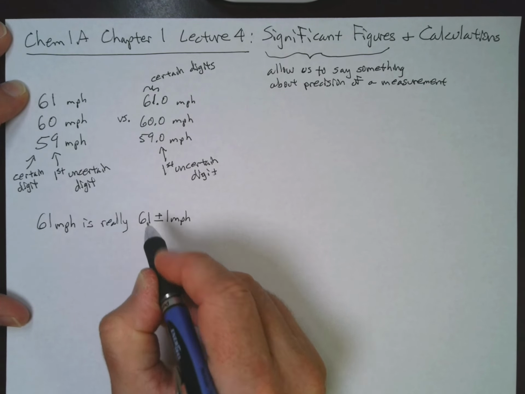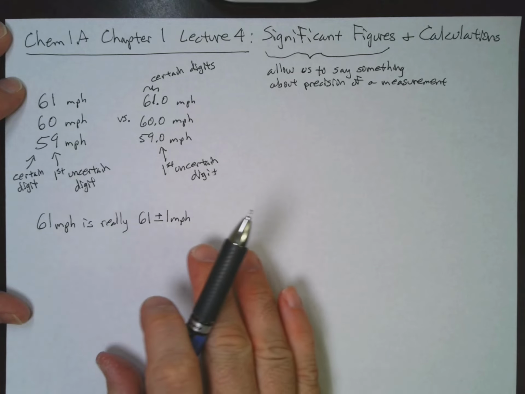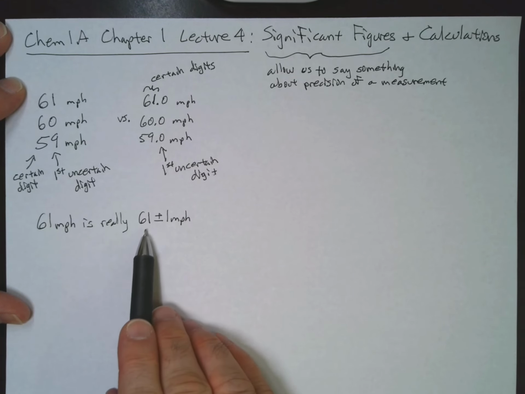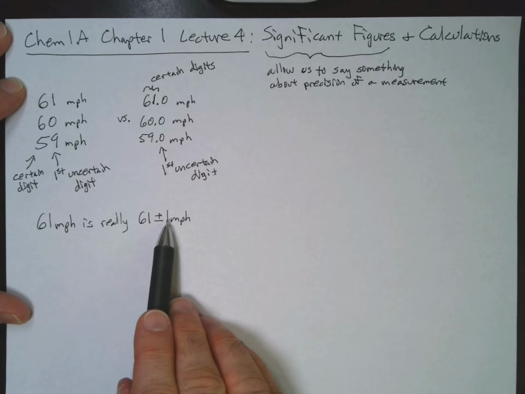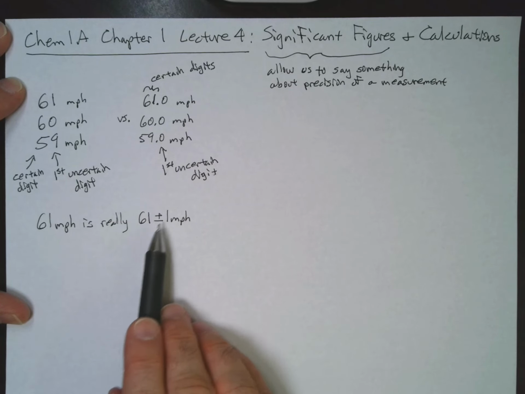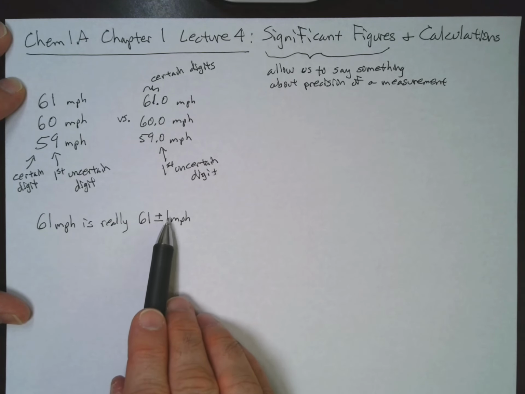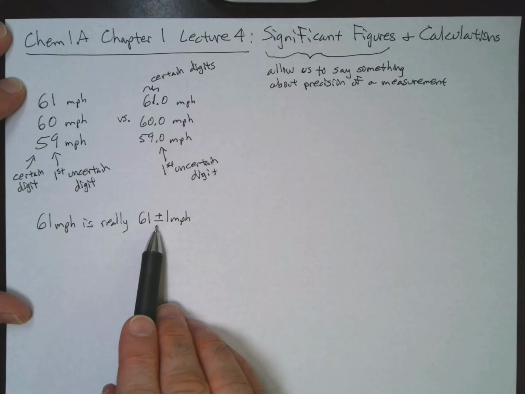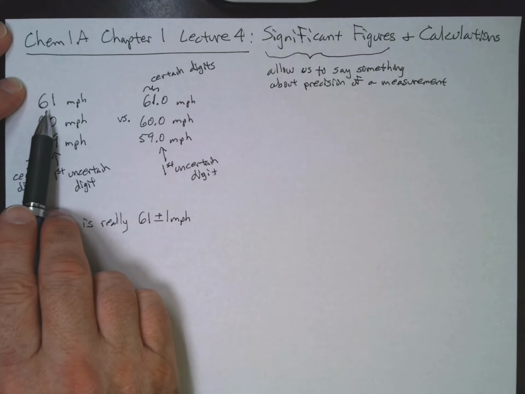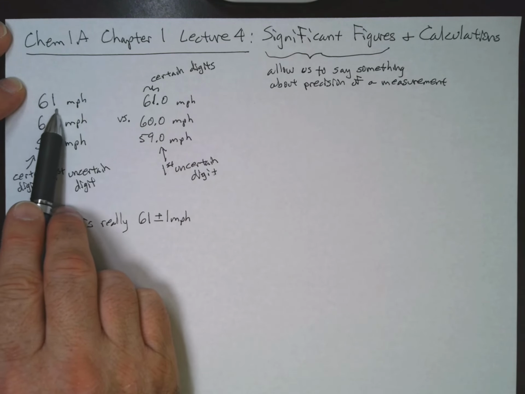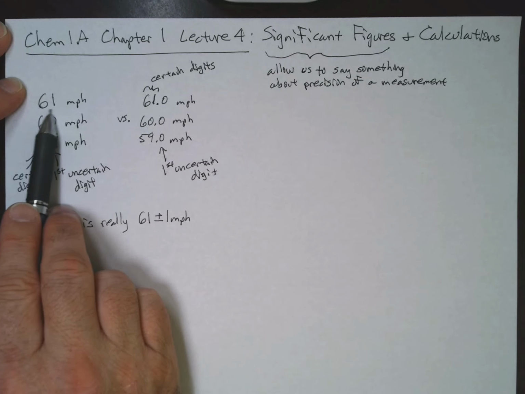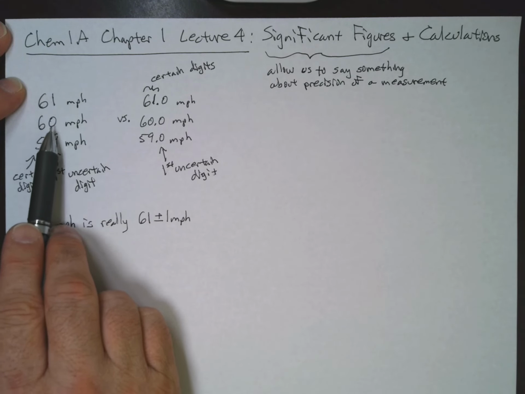Okay, that uncertain digit, unless we say otherwise, has an uncertainty of plus or minus 1 of that unit. So given that, 61, our measurement here, could have been actually 60 or 62.